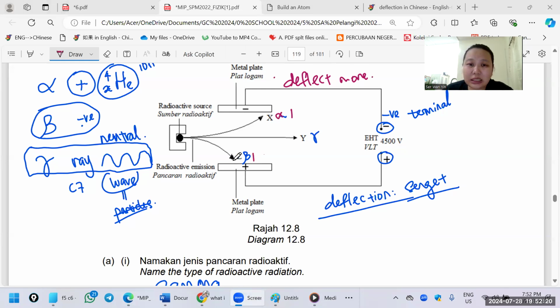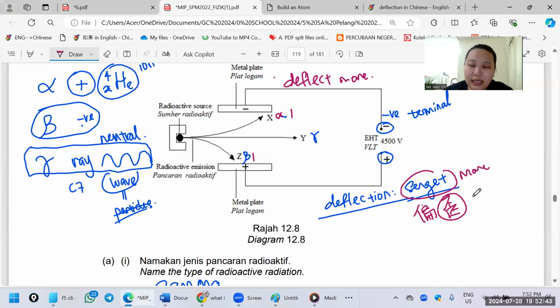Okay, so actually it's Y. Y does not deflect. Y goes straight only, where is there any deflection. Deflect means it is bent, it is not straight. Which one bends more? Thank you Bethany.